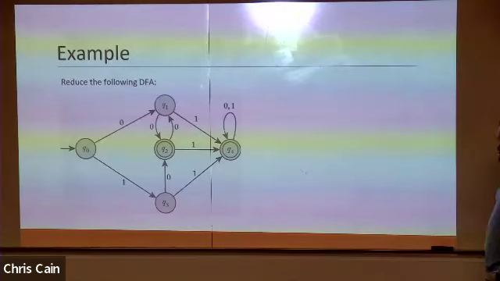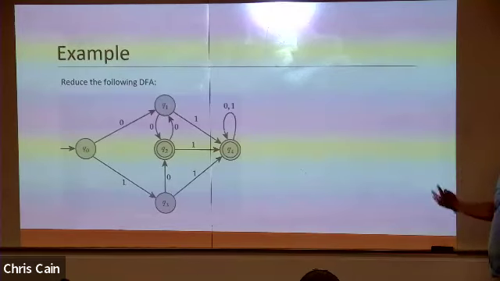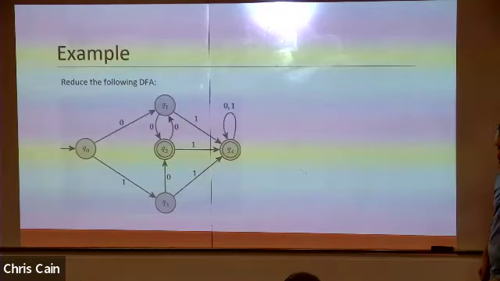Does it look like it's a minimum DFA? It doesn't quite have as simple ways to remove states as the last one. So either it's minimum or you need to use a little bit more work to figure out if it is minimum or not. But does anyone see anything as they look at it?